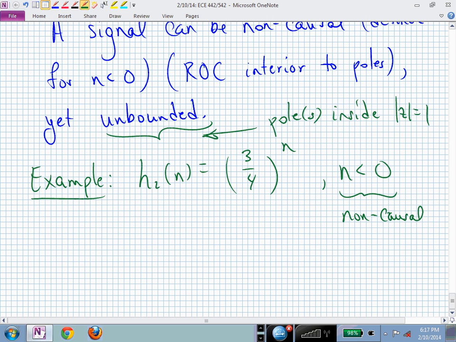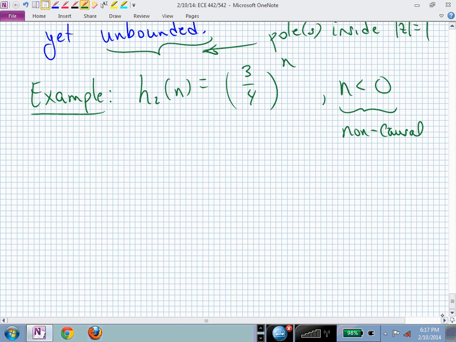Here, in this example, I just had one pole, and it was inside the unit circle. Meaning now I would have, at time -1, at time -2, at time -3, and this probably won't be to scale, but this value is now 4/3.